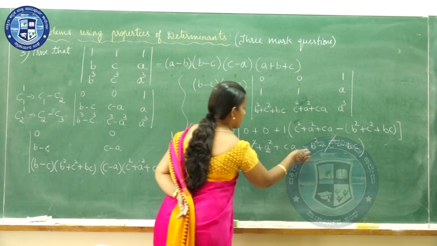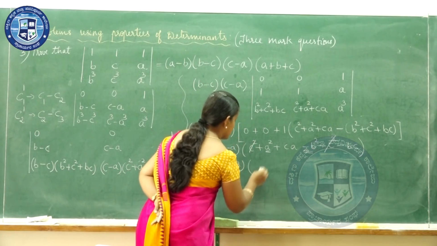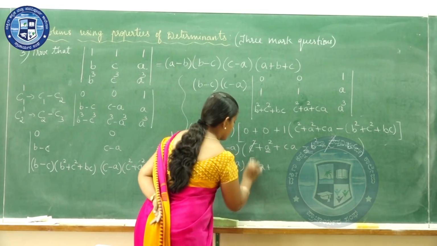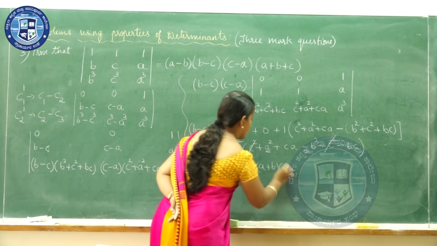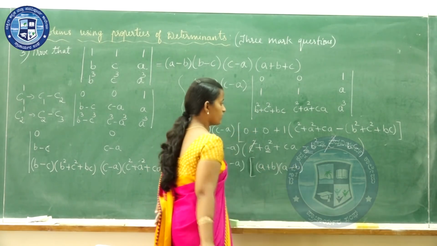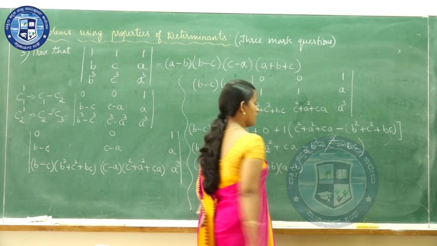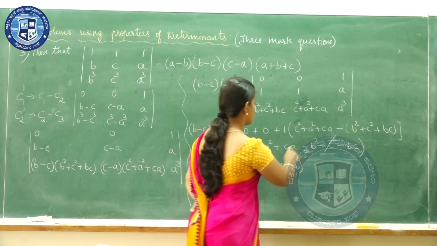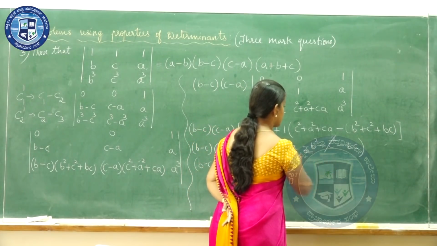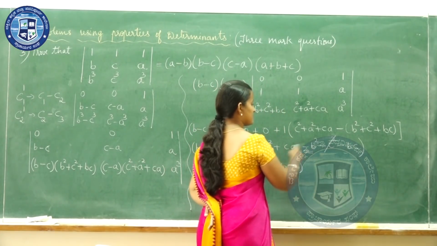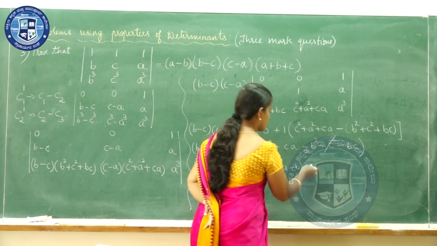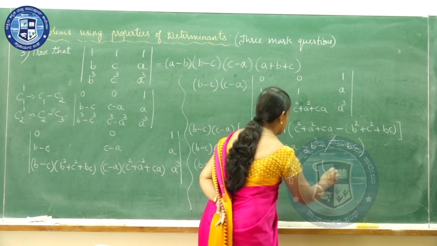A square minus b square can be written as a plus b into a minus b. What remains here is ca minus bc. So what is common in these two terms? You can see c is common in these two terms. So if you take out the c, what will remain?